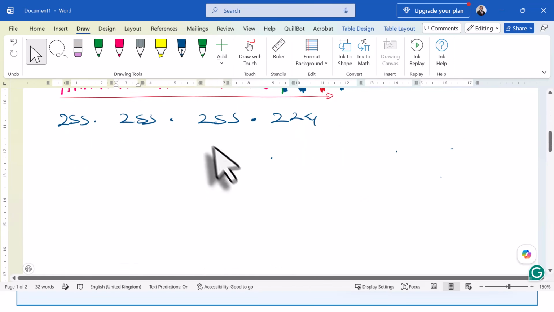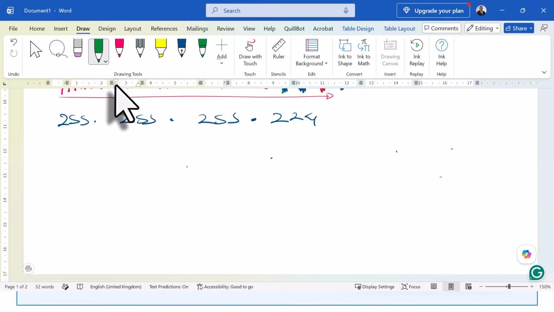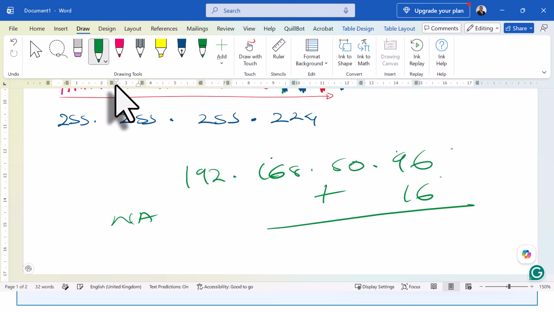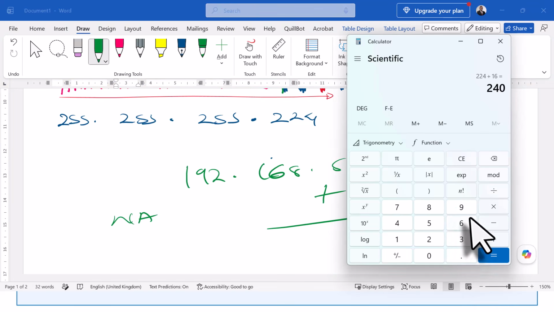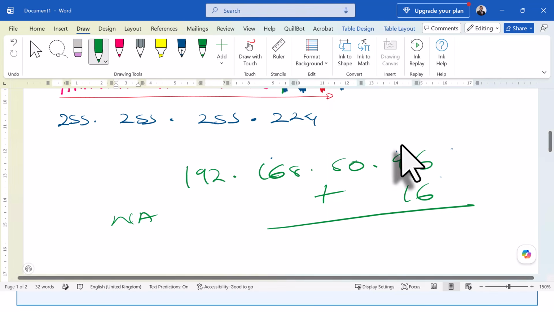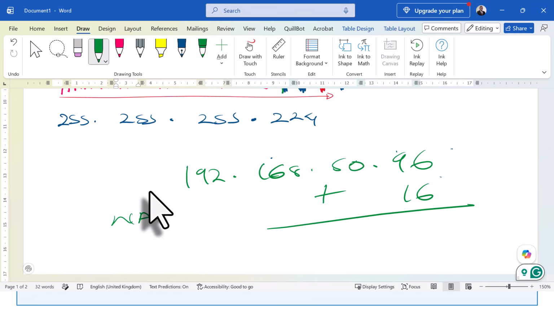All right? So let me just write it down here. So for me to get the next network address, I'm going to just add 16 onto this. So 96 plus 16, get my calculator here, 96 plus 16, I'm going to get 112. So my next network address is going to be 112.